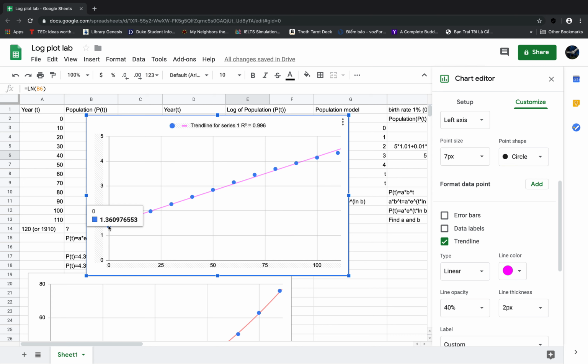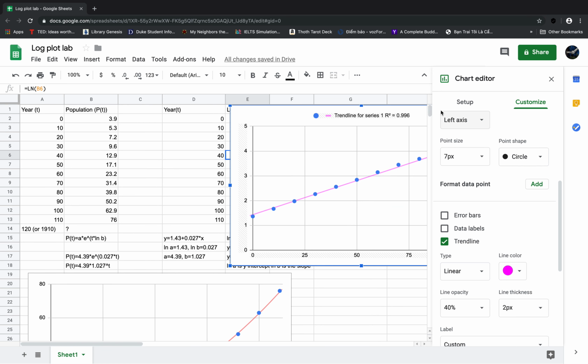So after finding the trending line, we can find the y-intercept. In this case it is 1.33, right? And the slope of this line is 0.027. It doesn't look like 0.027, but you can look at the y-axis and the x-axis.